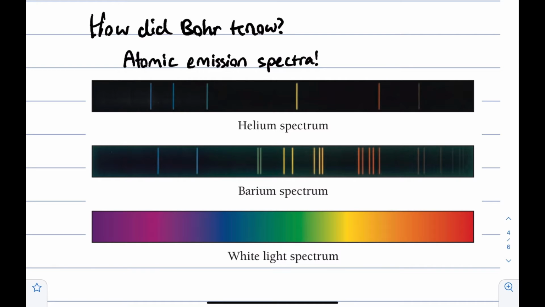So that told him that electrons can't just go wherever they like. They can exist in certain energy levels, and when they go up in an energy level and get excited, or when they fall down, they can't just go whatever distance from the nucleus they like. They have to be in a certain place because they have to release certain energies and certain wavelengths of light.